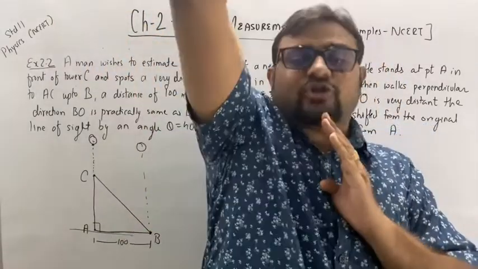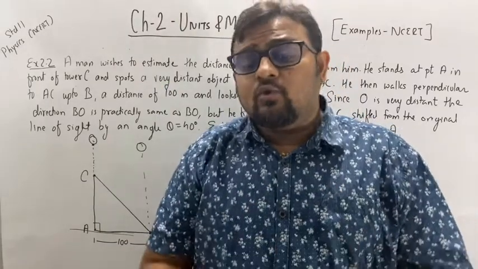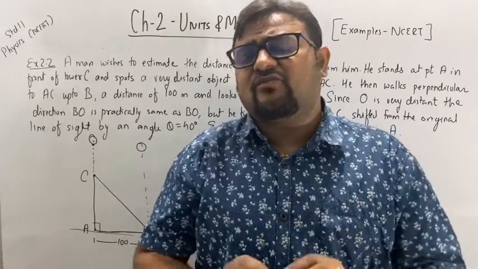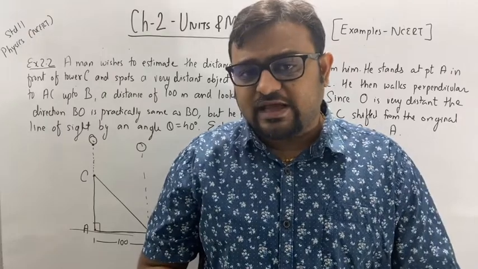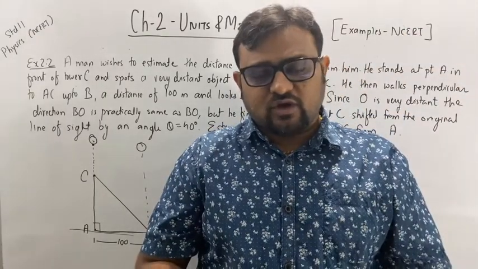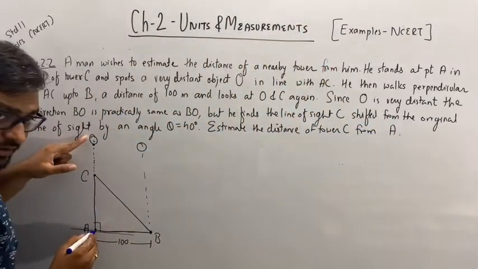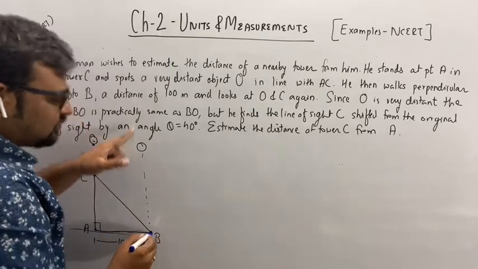Again, it is on the top of your head only. This is happening because the moon is very, very far, so it appears at the same position, in the same direction. So this is very far, and when it is observed from B, it is also observed in the same direction.